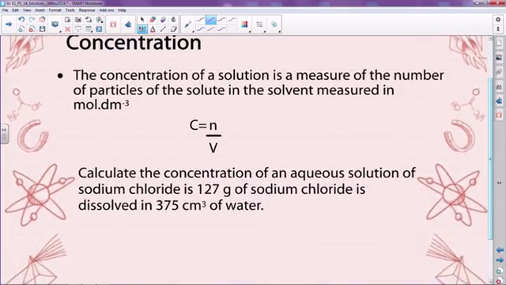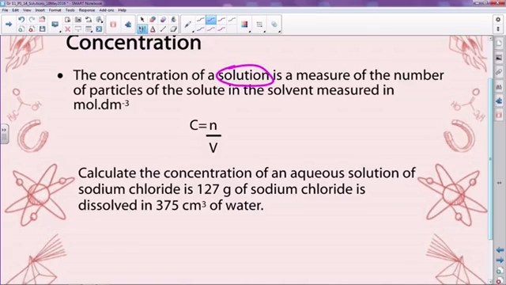So the concentration of a solution is a measure of the number of particles of the solute in the solvent, measured in moles per decimeter cubed. Remember, a solution is a mix of solid and liquid.